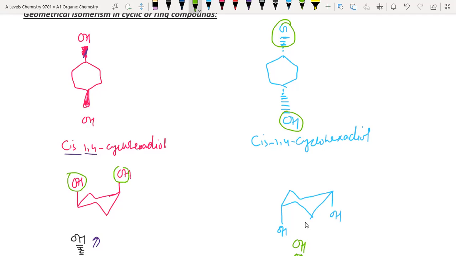If both OH functional groups are below the ring, then it would also be a cis structure, because rotation is not possible in the ring. So both the OH functional groups will remain below the ring.